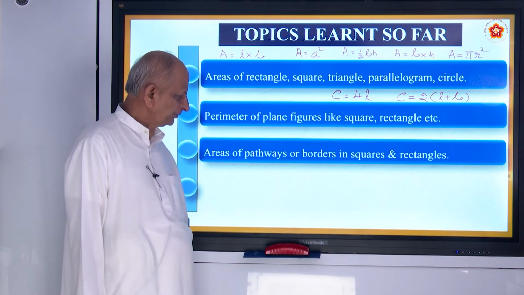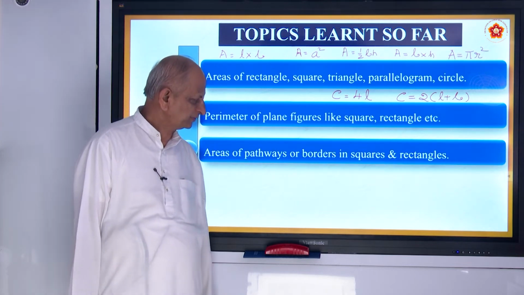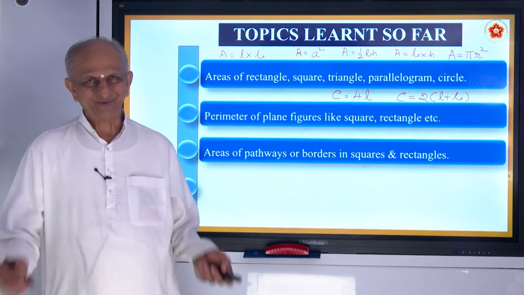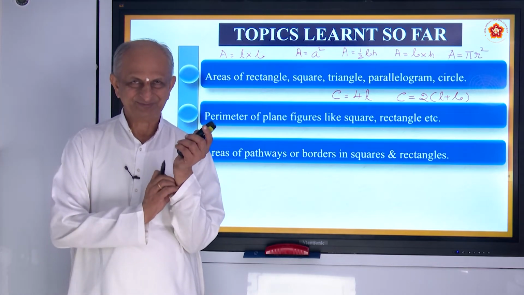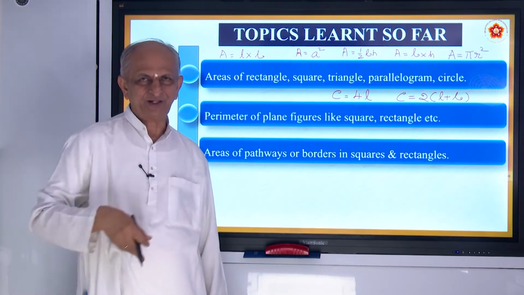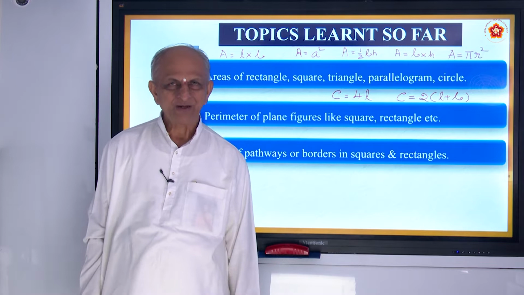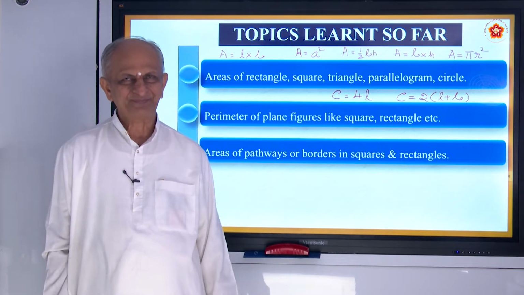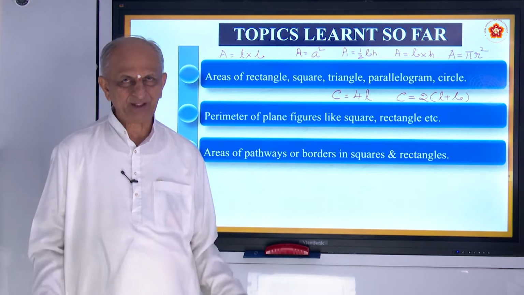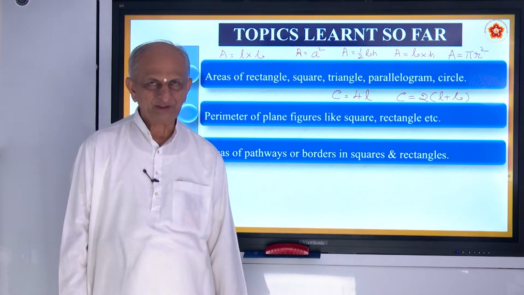And also we have seen about pathways or borders in squares and rectangles. For example, in a school garden, you might have seen there will be a pathway just for walking, correct? In parks you have seen, especially in cities like Bangalore, Mysore, etc. There are a lot of parks.